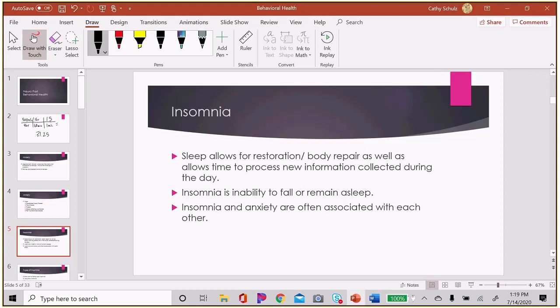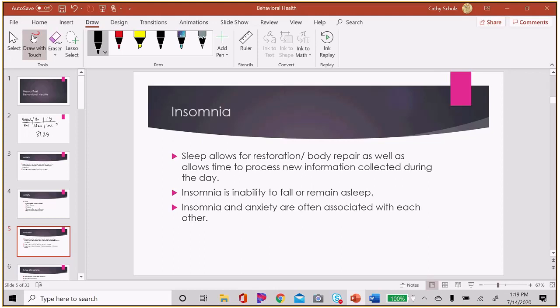And most people with anxiety, all of those types of anxiety, may have a component of insomnia as part of their symptoms. So insomnia is an inability to fall asleep or remain asleep, or a combination of both.